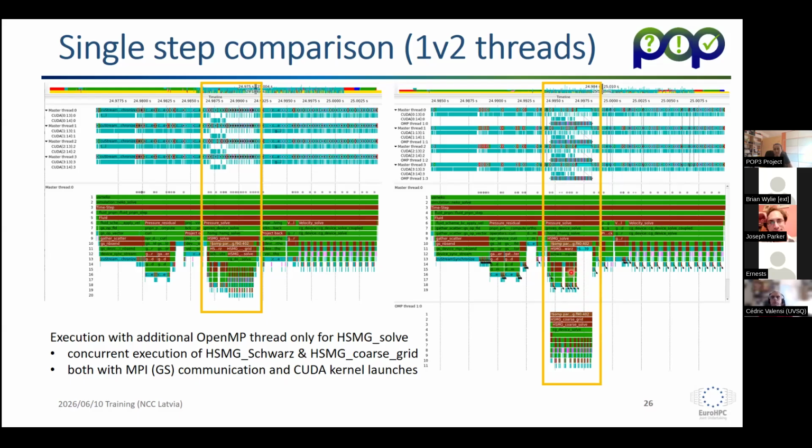And part of the reason for that is that both of these threads are now competing. Not only are they both launching kernels, which is competing for the GPU, they're both doing MPI communication, competing for the network interface. So the benefits of using 2 cores and having 2 threads running in parallel, but having contention and sharing of the shared resource here, is actually not paying off.